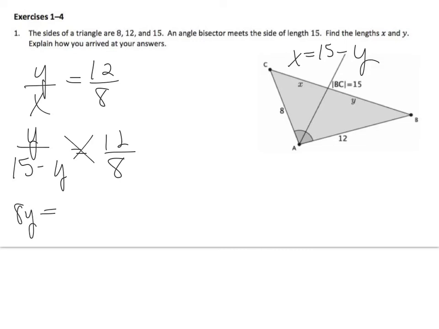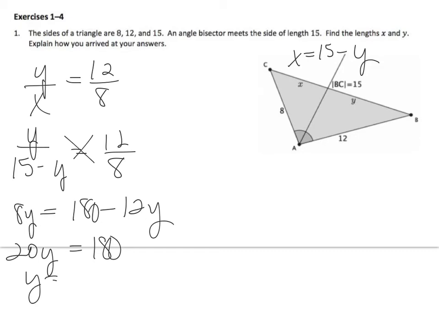8y equals 12 times 15, 180 minus 12y. Add 12y to both sides. I have 20y equals 180. y equals 9. x equals 15 minus y, so x equals 6.